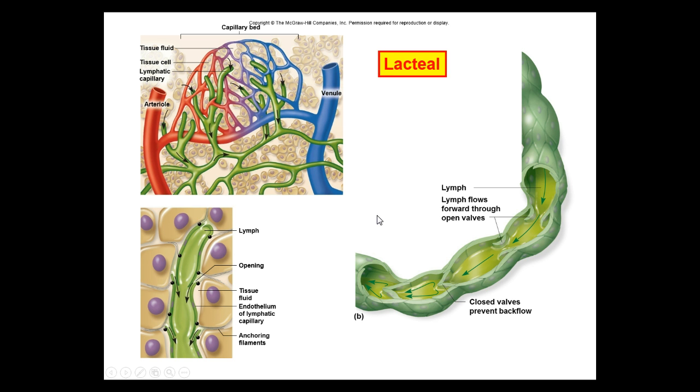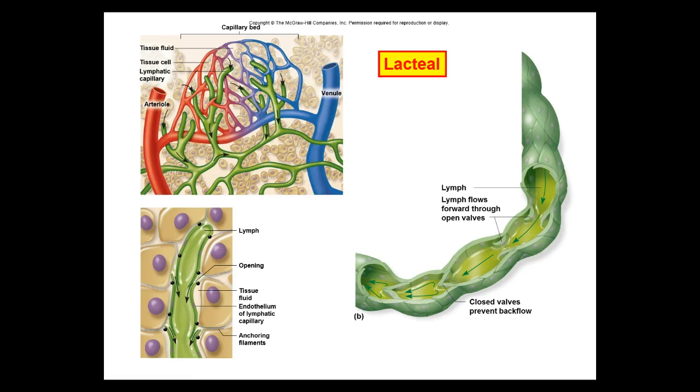Okay, so this is a good time, I guess. I don't know when else to introduce this specialized lymphatic capillary called a lacteal. Now you'll only find lacteals associated with the mucosa of the small intestines.